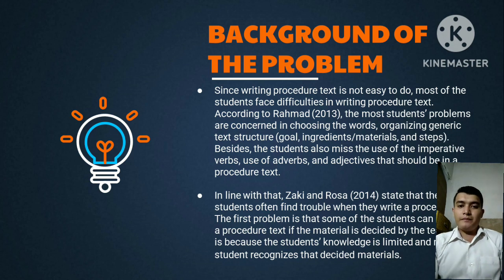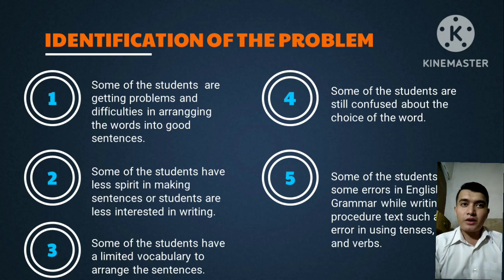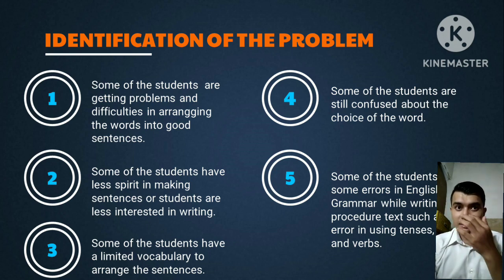The next point is identification of the problem. There are 5 identifications of the problem. First, some of the students have problems and difficulties in arranging the words into good sentences. The second, some of the students have less spirit in making sentences, or are less interested in writing.